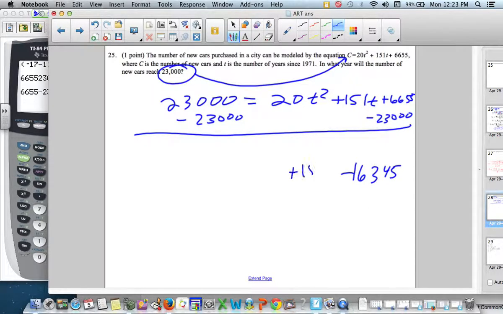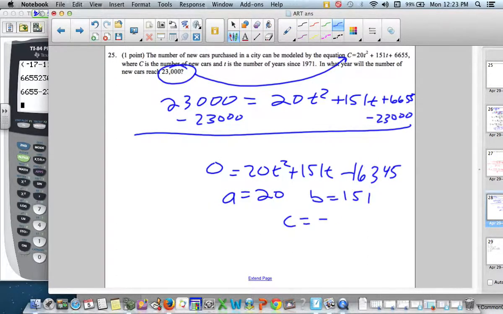Just bring down the other terms, plus 151t plus 20t squared equals 0. Now it's in standard form. We can see that A is 20, B is 151, and C is negative 16,345.